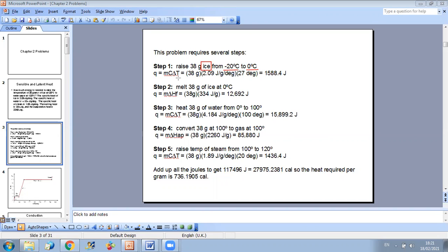First, we should pay a lot of attention to units. The specific heat in this problem is given in joule per gram per degree. So in order to obtain Q in joule, I should use a mass in grams because the specific heat is joule per gram. And since it's also per degree, delta T should be in degrees.